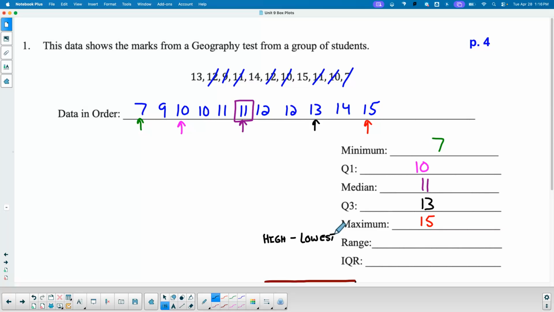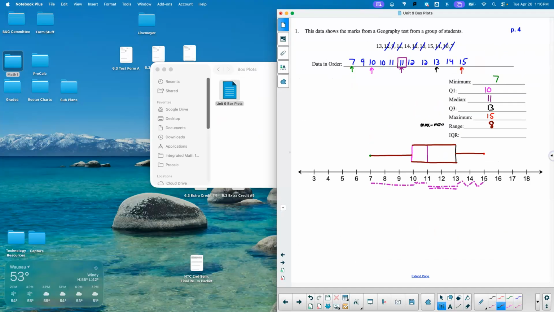Let's just say max minus min. What would the range of my data be? 8. 15 minus 7 is 8. I would concur with 8.